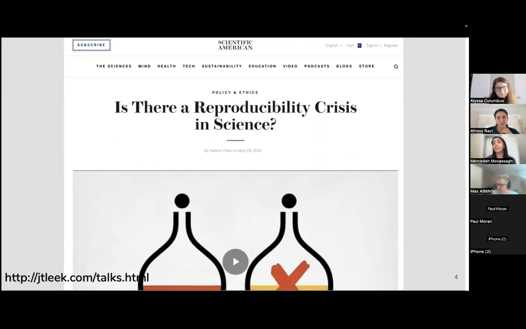And the answer to that is, yeah, there is. So 70% of data generated by labs cannot be reproduced in other labs. Also, 50% of the data that is produced by one lab is not reproducible by the same lab. So that is really a big problem.